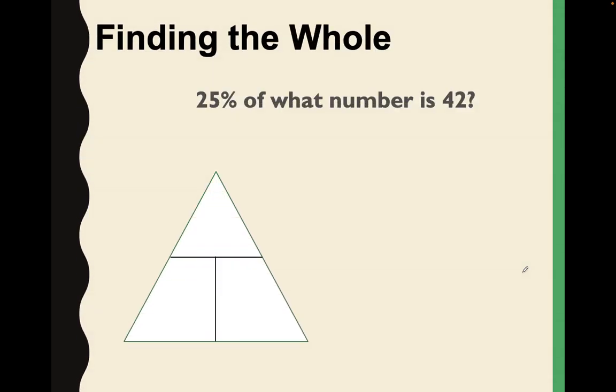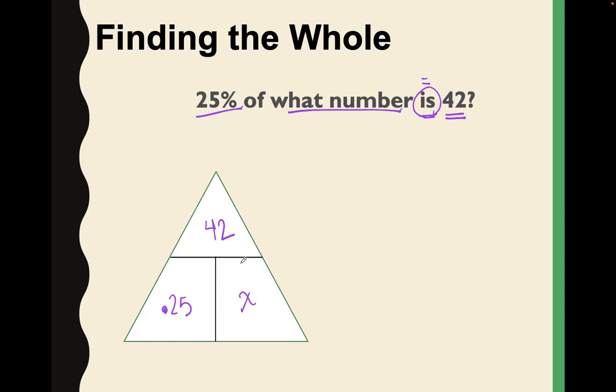Let's try this next example. 25% of what number is 42? Remember, is means equals, which means that is our part. 25% of what? So 25% is 0.25. 25% of what gives us our part, which is 42.